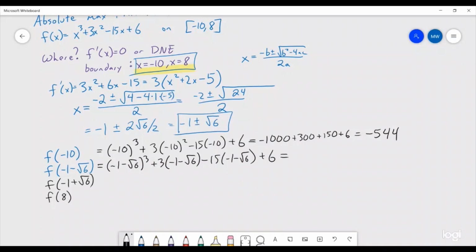So negative 1 minus the square root of 6 cubed plus 3 times negative 1 minus the square root of 6 squared. Whoops, I forgot that piece here. There's a squared right there. Then we have a minus 15 times negative 1 minus the square root of 6 plus 6. And if we go through and see what that all is, oh, I forgot a parenthesis in my calculator, so let's fix that real quick.